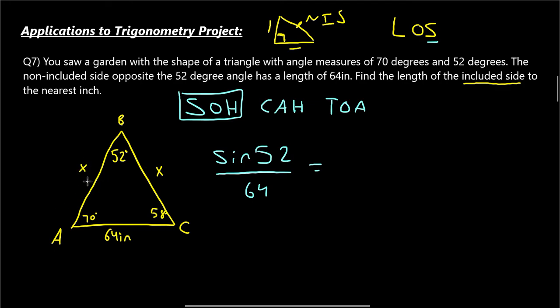Let's solve side AB. We're going to label that x1, and this is going to be x2. So this is equal to sine of 58 over x. We're supposed to put a 1, but I'm just going to leave an x to keep it simple.